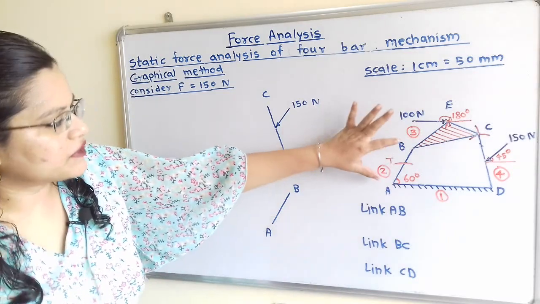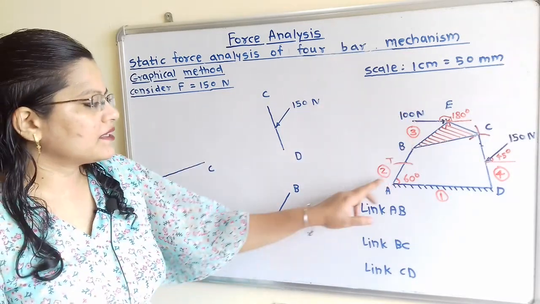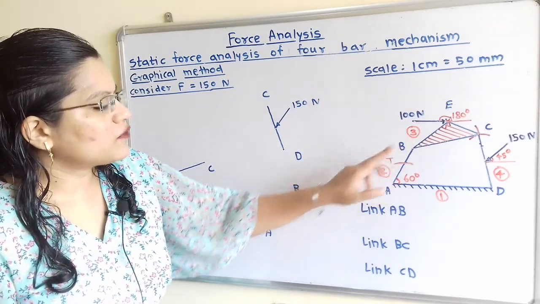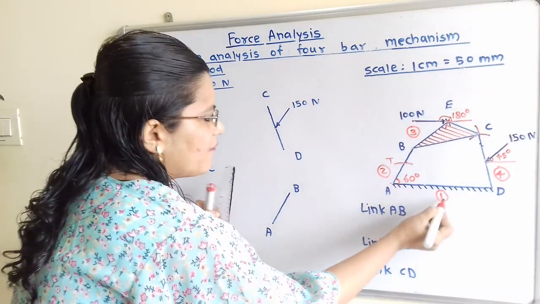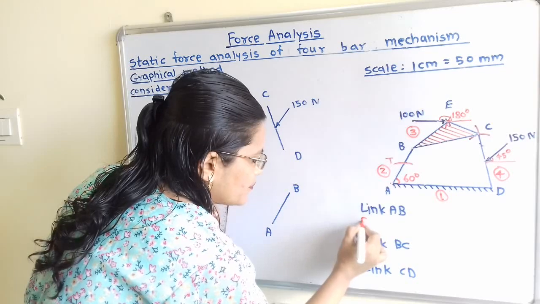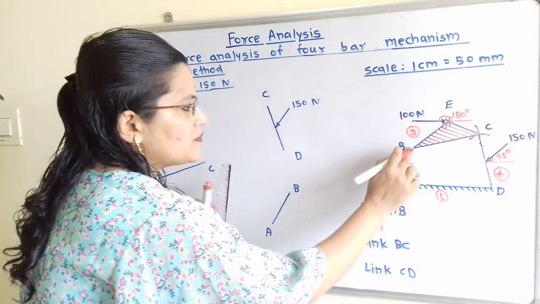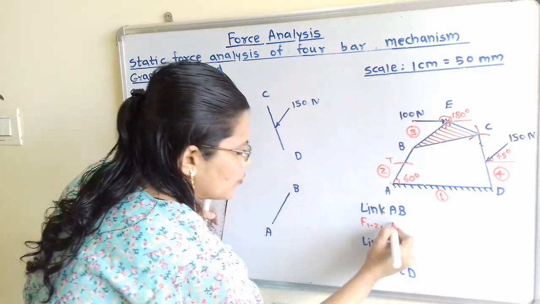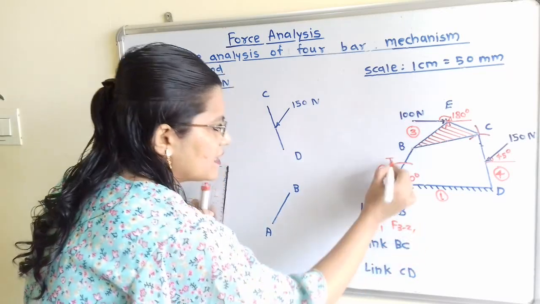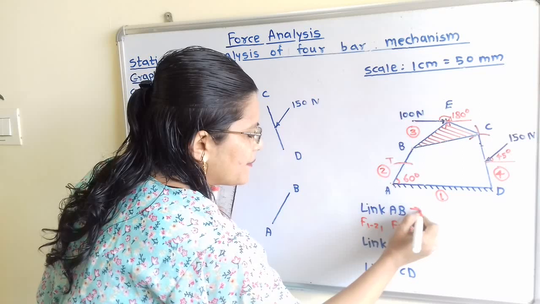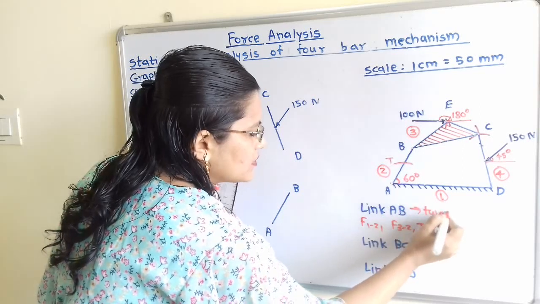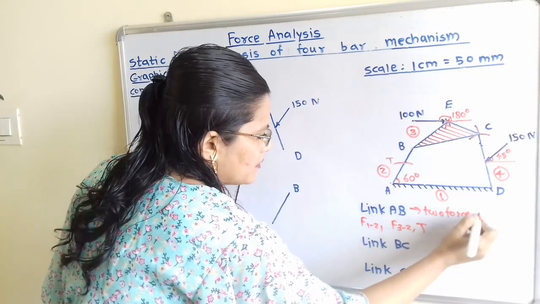Now if we observe this link AB, then here there are two forces applied. That is through this point A, F of 1 to 2, through this point B, F of 3 to 2. And there is torque that we have to find out. So we can say that link AB is 2 force, 1 torque member.